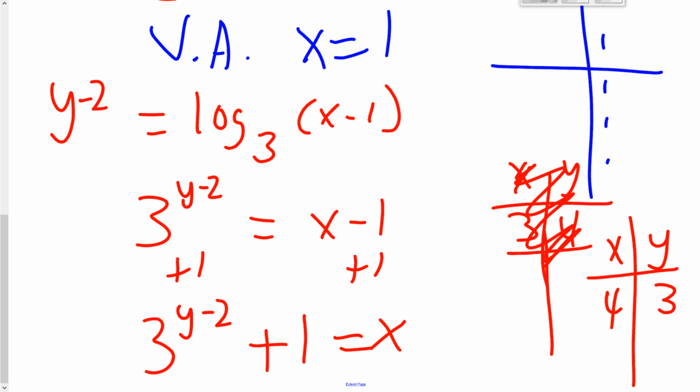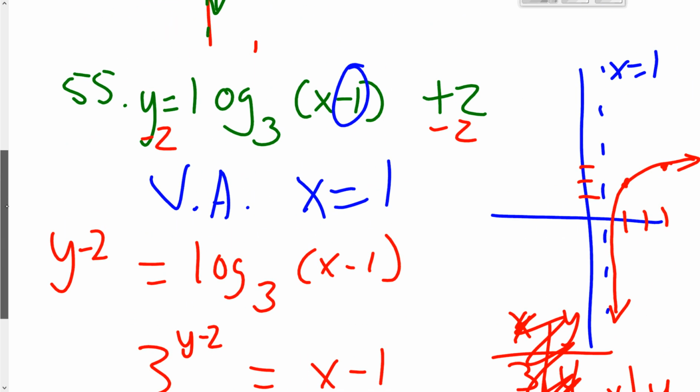How about a positive 2? 2 minus 2 is 0, 3 to the 0 is 1, 1 plus 1 is 2, so we get the point 2, 2. So 1, 2, and 1, 2, 2, and then 4 as my x. So 1, 2, 3, 4, and then up 3. So it looks something like that. It keeps going. So there you go. So those are all of them, correct? Okay, all done.